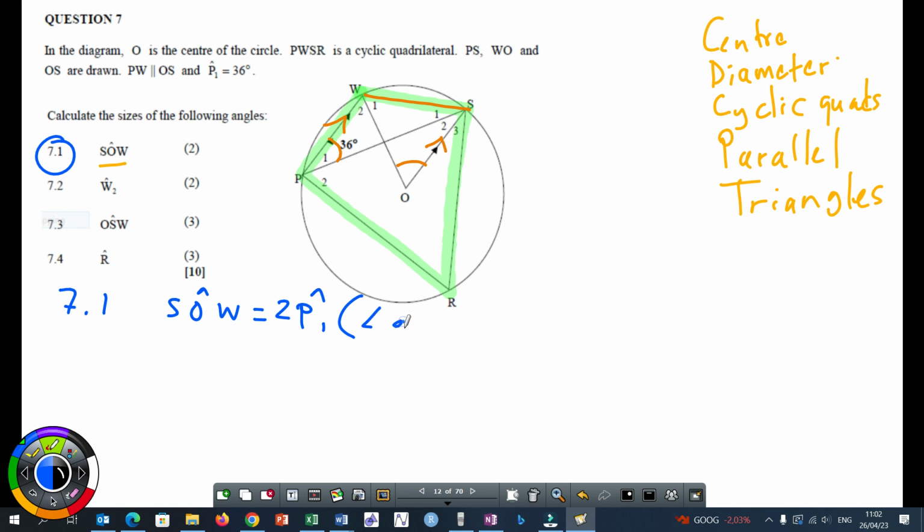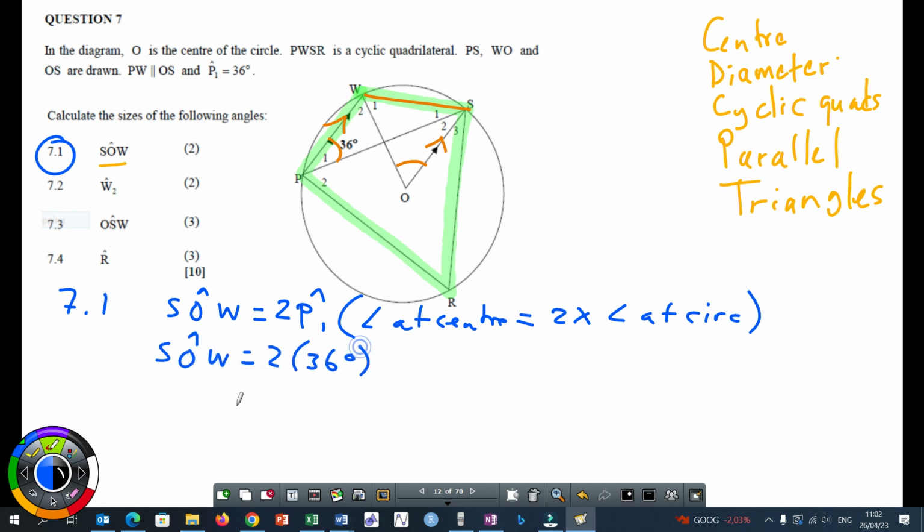The reason is the angle at center is equal to 2 times angle at circumference. So that will be equal to 2 times 36 degrees, which gives you 72 degrees.